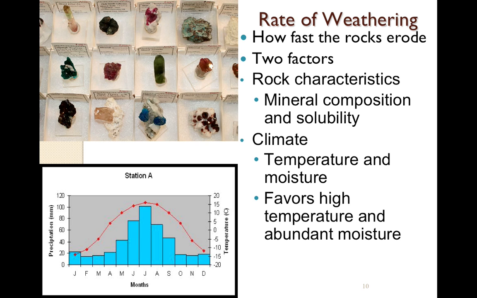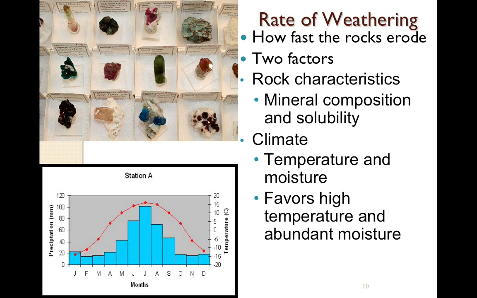One factor is the mineral composition and solubility of the rock or earth material. Solubility refers to a material's ability to be dissolved. So the marble headstone is going to be dissolved and weathered a lot faster than the granite headstone.